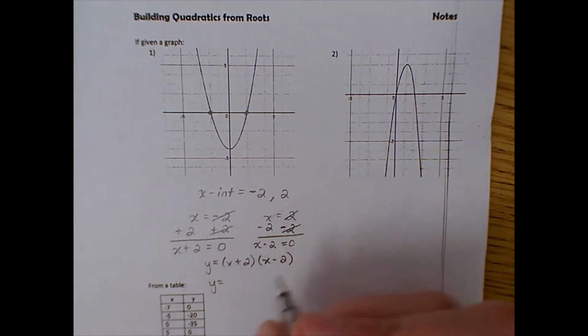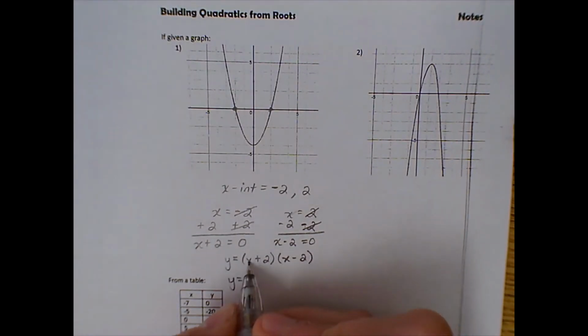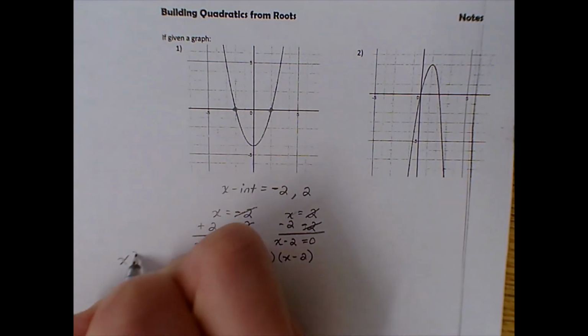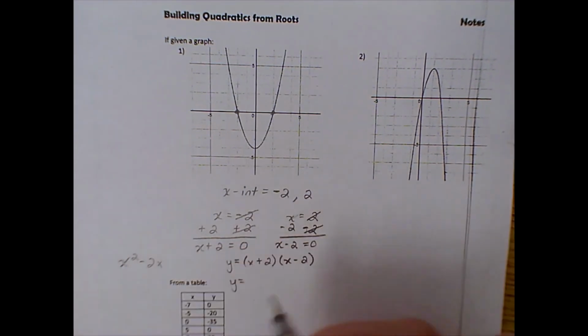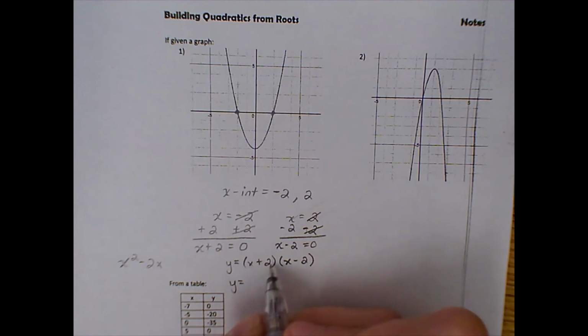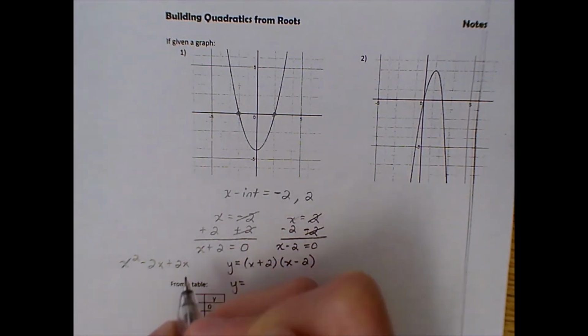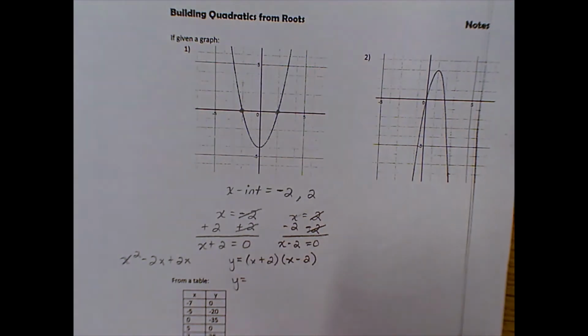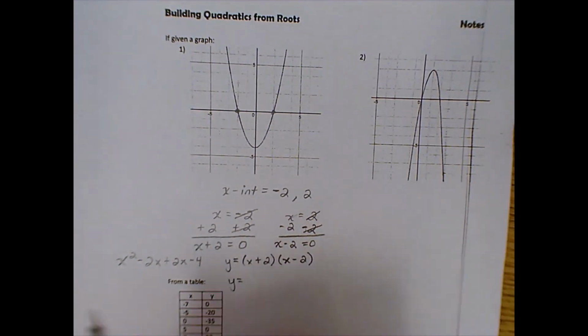So if I distribute, and I'll just write it to the side over here since I have some room, it'd be x times x, which is x squared, x times -2, -2x, and now we're done with the x, so now we take the 2, so 2 times x, +2x, and then we have 2 times -2, which is -4.